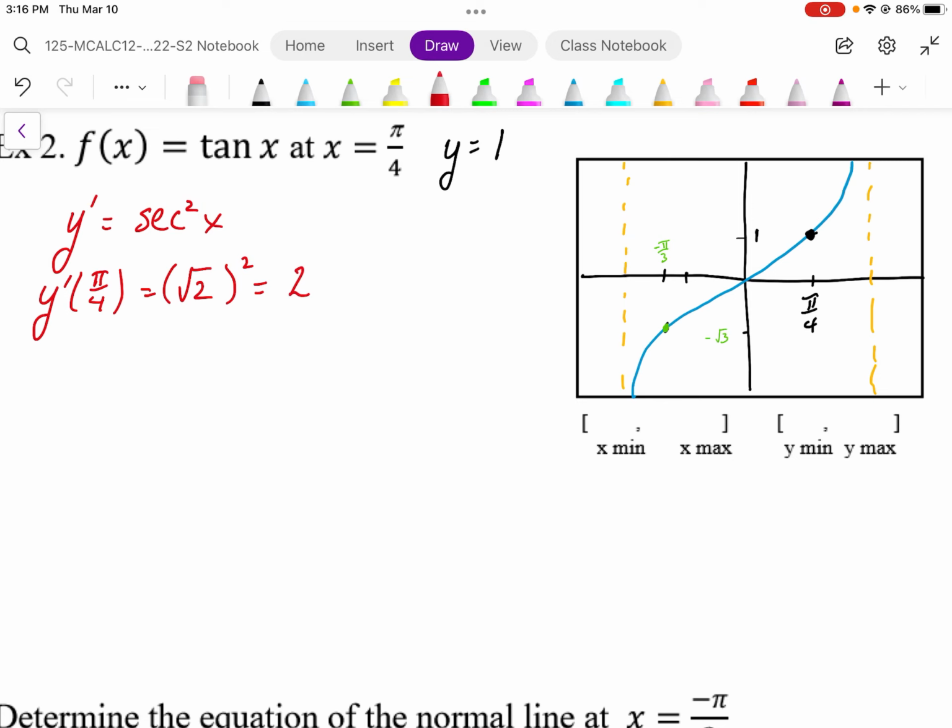So at pi over 4 we have a slope of 2, so the equation of the tangent line is going to be, and I'll do this in a different color here, let's do that in green.